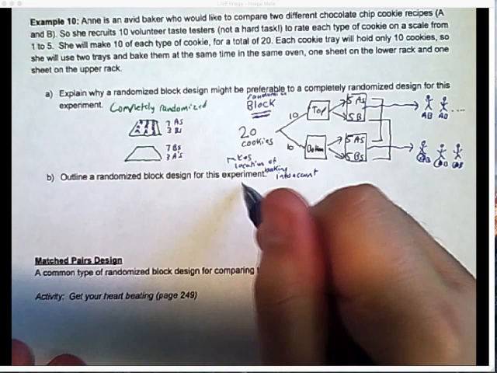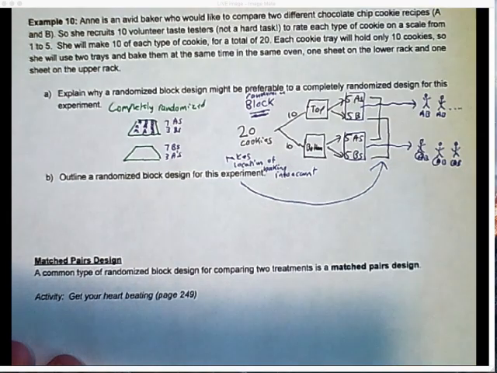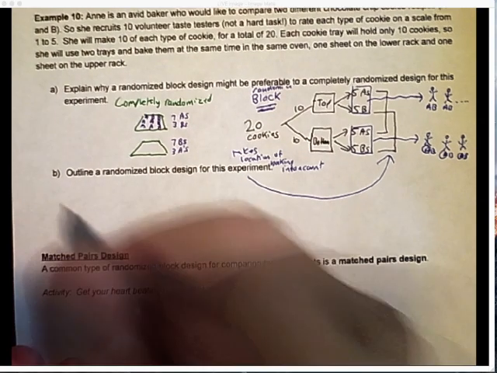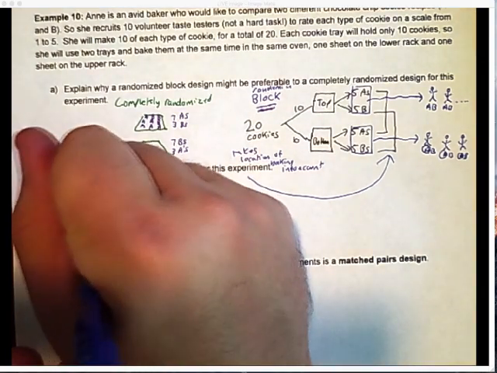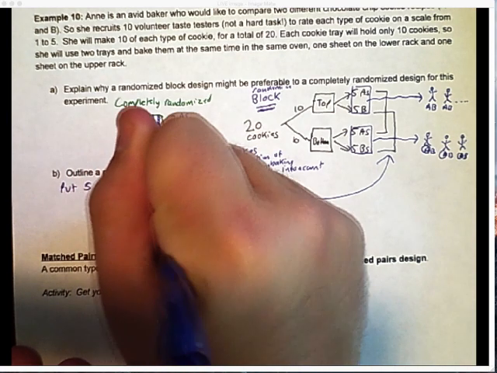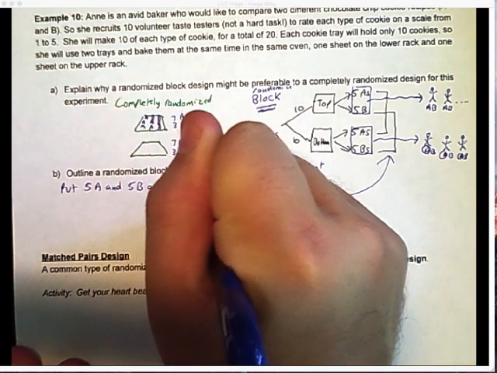All right, and here would be my randomized block design outline. We're going to put 5 A and 5 B on each tray.